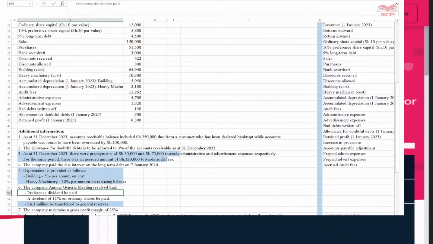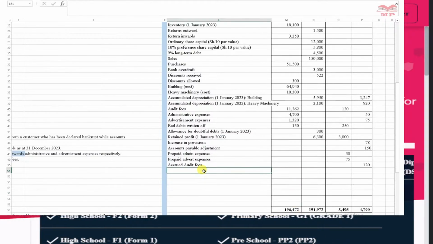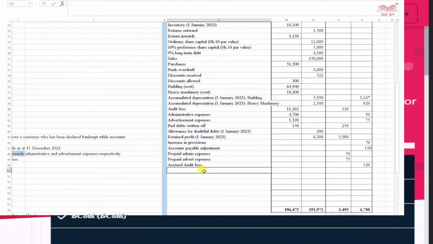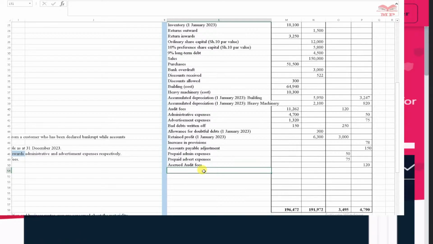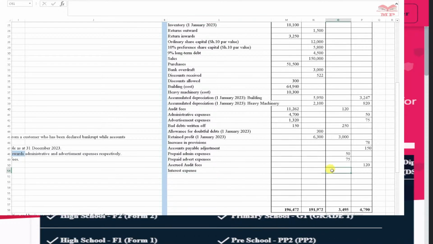9% long-term debt. So we just put it right over here and state that it is interest expense here, and it's just going to be 9%.